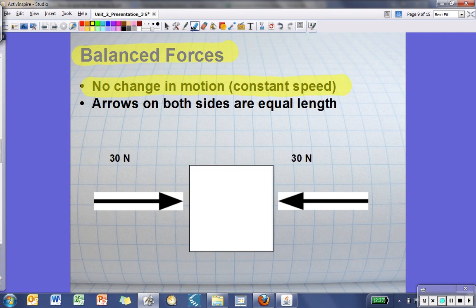If I look at this square, if something is pushing 30 newtons left and 30 newtons right, it's not going to go anywhere. It's just like tug of war where two people of equal strength are pulling on it. Nothing happens because those forces are equal. It's basically like nothing is pushing it, and that's what balanced forces mean.